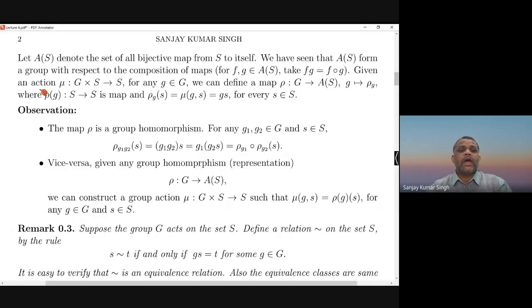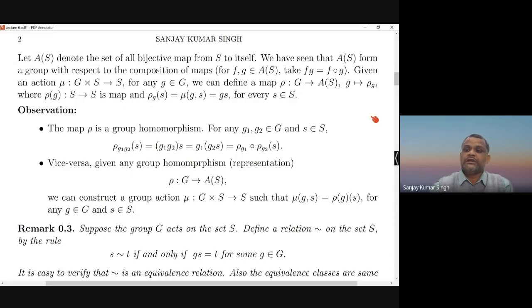And now suppose you have an action mu of G on a set S, which is a map mu from G cross S to S. So for every g, I can always define a map rho from capital G to AS, sending g to rho g.